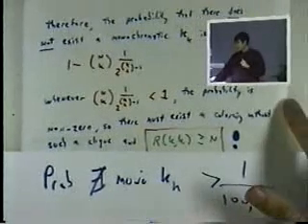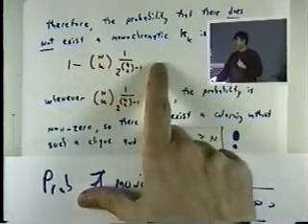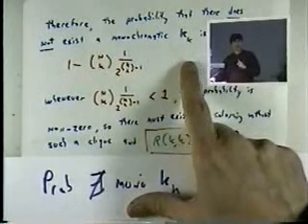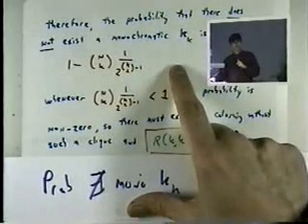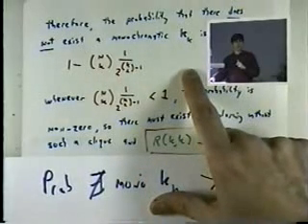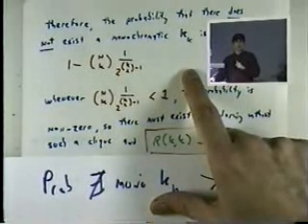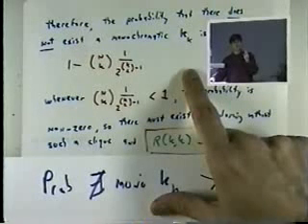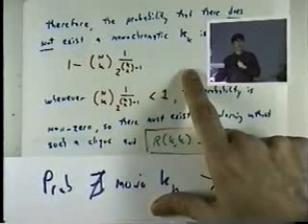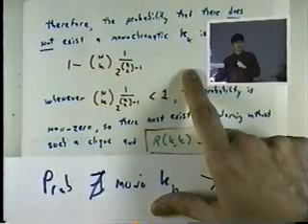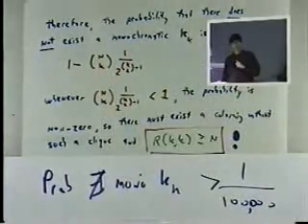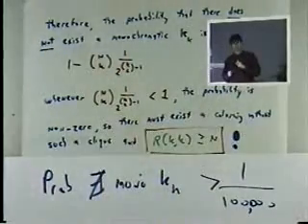This is the probability that for this n and k, I don't get a monochromatic thing. If the probability that I don't get a monochromatic thing on a random coloring is greater than 0, that meant there had to be a coloring where there was no monochromatic thing, right? If there was a probability greater than 0, that meant there had to be at least one of them.